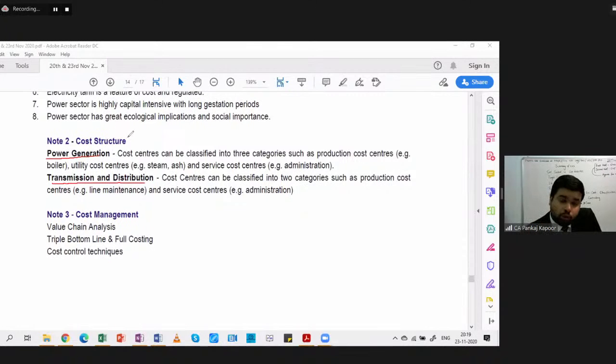In order to accumulate the cost, what do we do? We divide the company into different divisions, and these divisions can be called cost centers. Cost center 1, cost center 2, cost center 3.